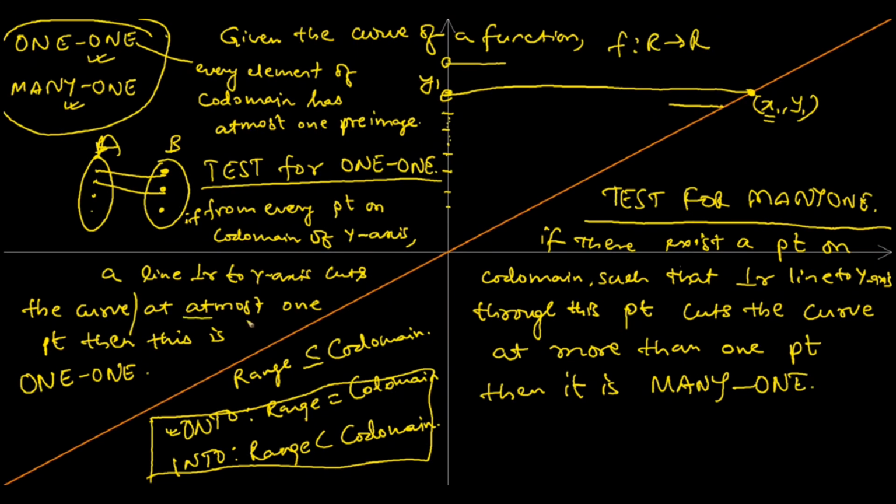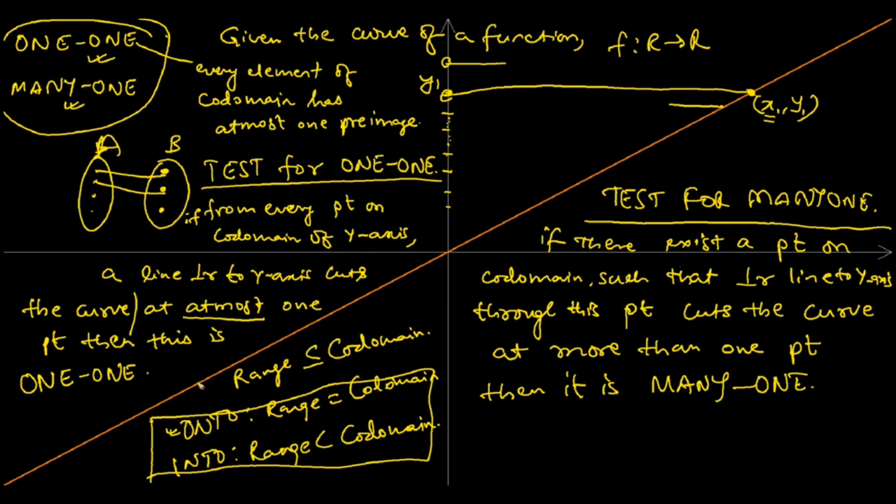Here I wrote at most one point, so for one-one it may not cut, I don't care, but if it is onto, then it must cut the curve. So what will be the case if it is one-one and onto? It means that for every point on the codomain of the y-axis, a line perpendicular to the y-axis will cut the curve at exactly one point. For all such points, it will cut at exactly one point.